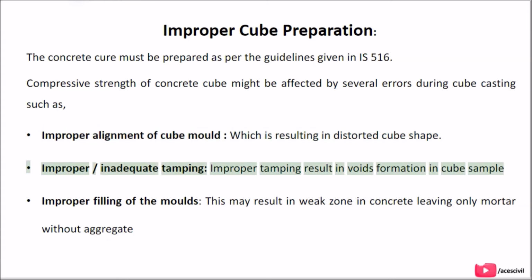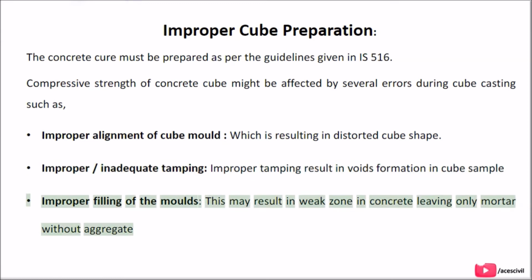Inadequate tamping: improper tamping results in void formation in the cube sample. Improper filling of the molds may result in weak zones in the concrete, leaving only mortar without aggregate.